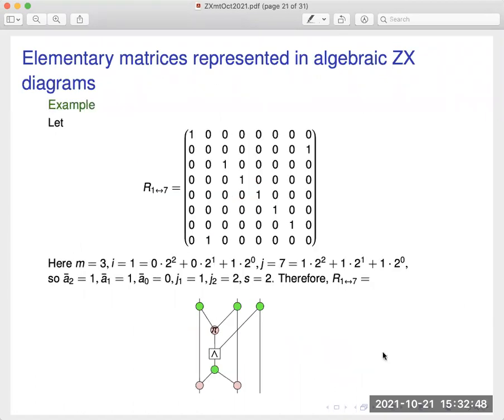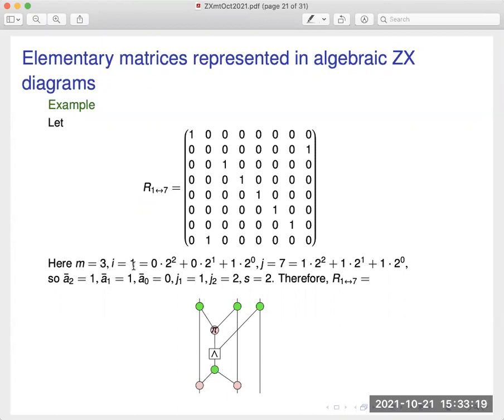And then an example of a switch. Here is also an 8 by 8 matrix. Starting from the identity matrix, we just swap the second row and the last row, row 7. If we swap these two, we get this matrix. And how do we represent it? Here, M equals 3, because 2 to the 3 is equal to 8.